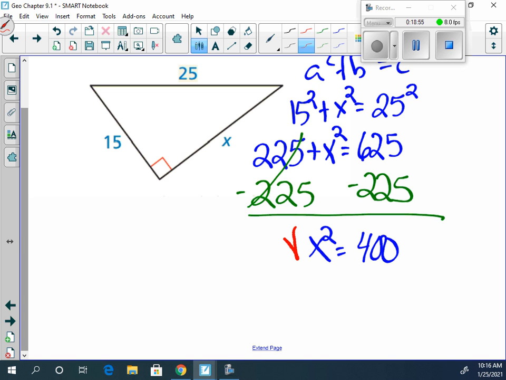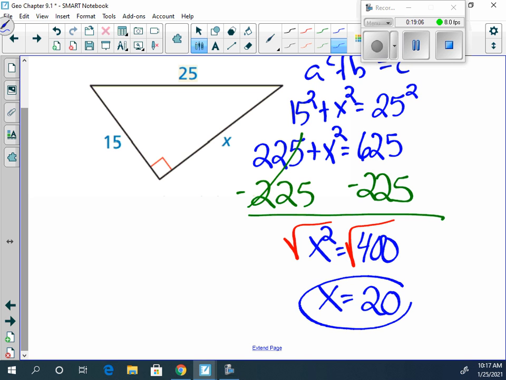And we need to square root x squared and 400. Well, square root of x squared is x, and square root of 400 is 20. Is this a Pythagorean triple? Well, yes, because we have 3 whole numbers, don't we?